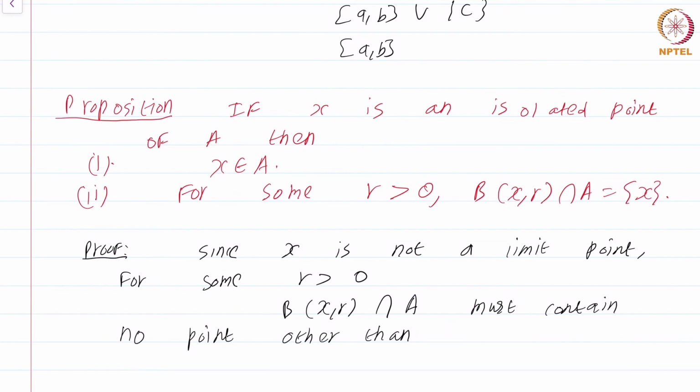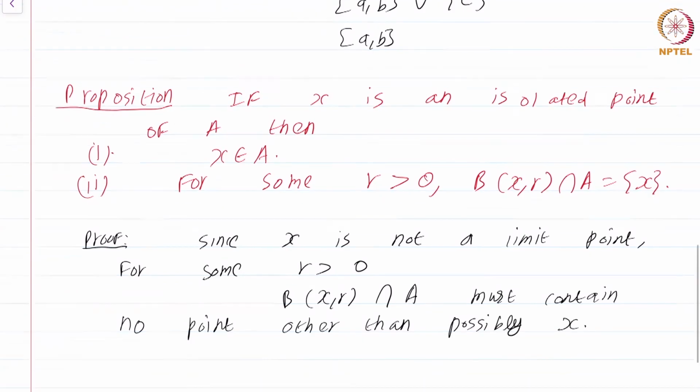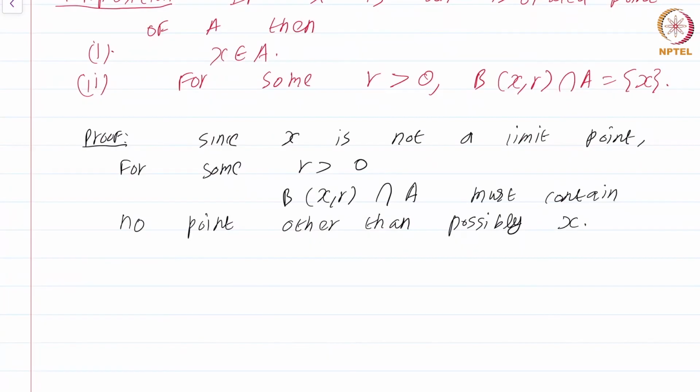We can't directly say that x is there because I'm not assuming that. That's the first part, then possibly x.